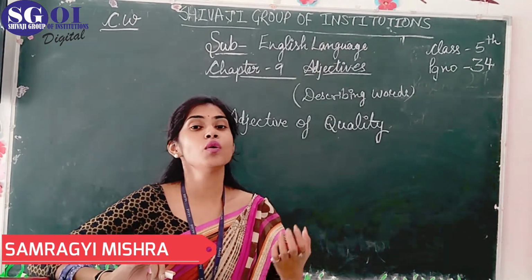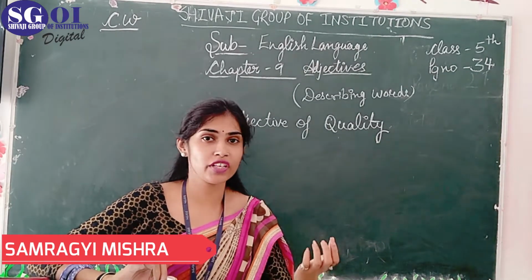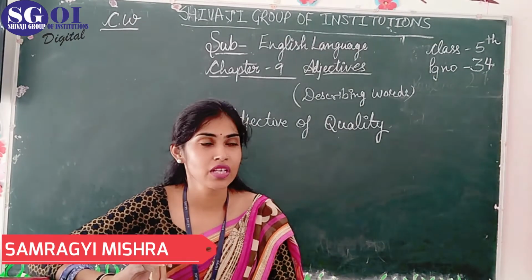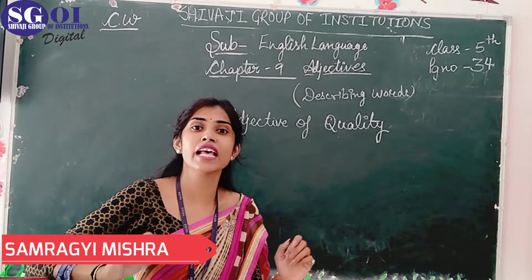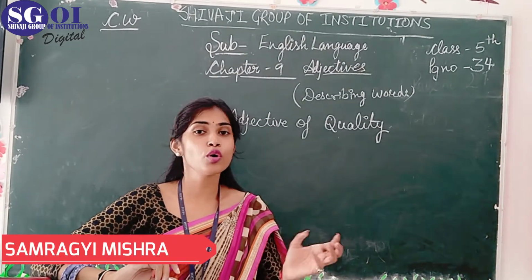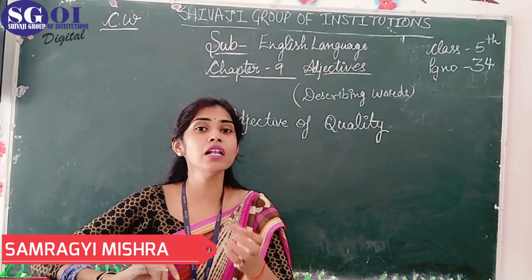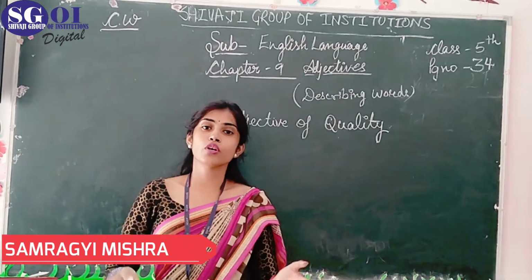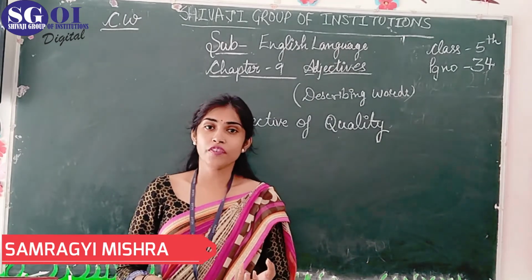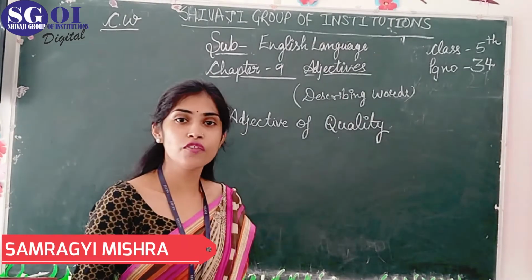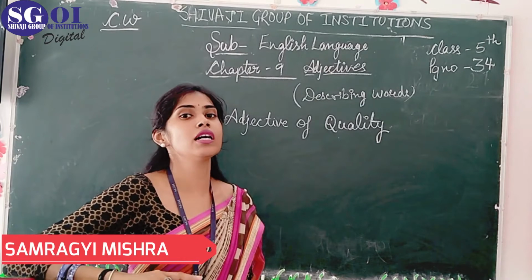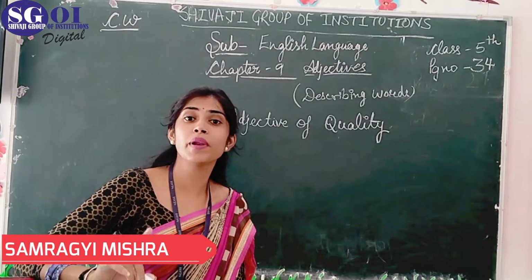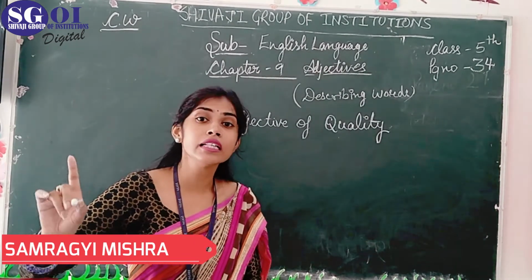So what represents the quality of a candidate or thing? An elephant is a huge animal. So the quality of the elephant, the animal, is huge. To represent the quality of a noun, you know about the noun: nouns are the names of any person, place, animal or thing.